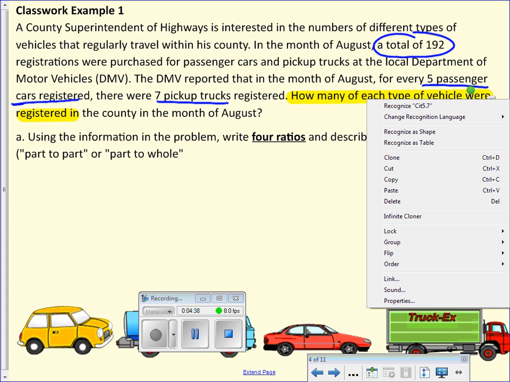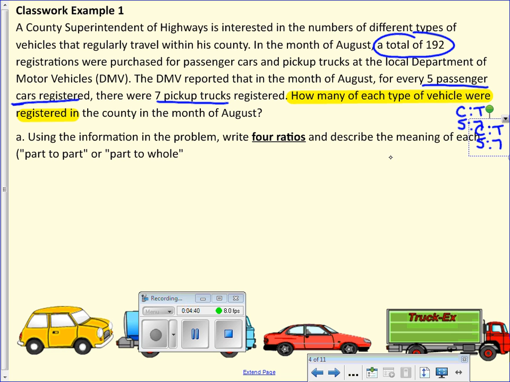Where'd you get 10 and where'd you get 14 from? I got 10 from the cars and 14. Oh, you're giving me equivalent ratios, which is correct, but I obviously didn't make my question clear. That is an equivalent ratio, but I don't want equivalent ratios. I want this information written 4 different ways. Okay?